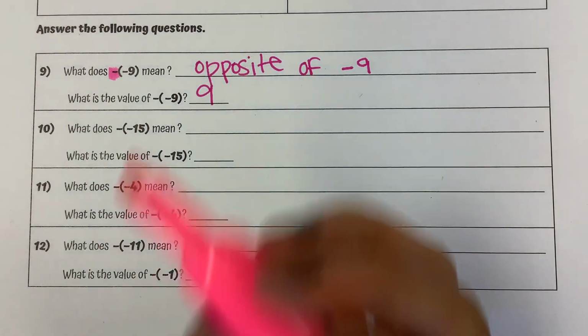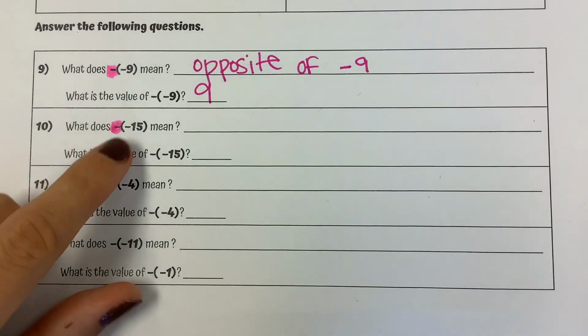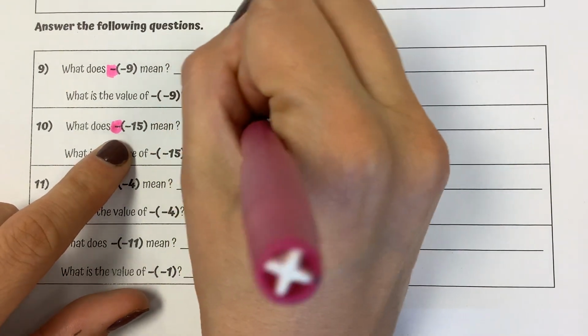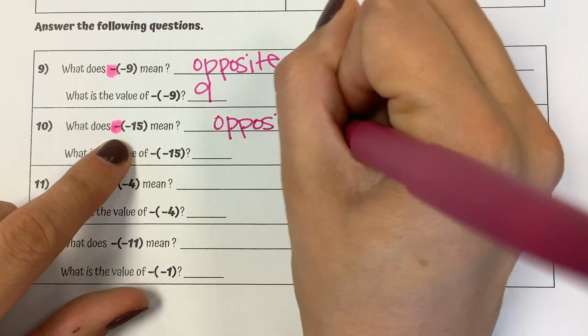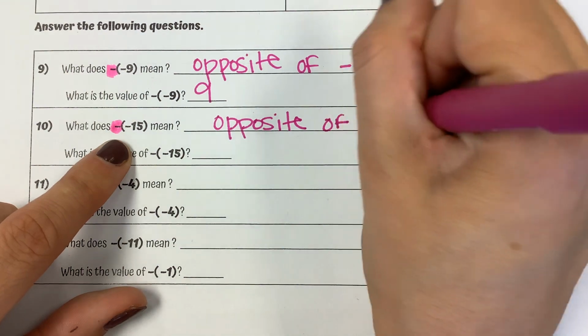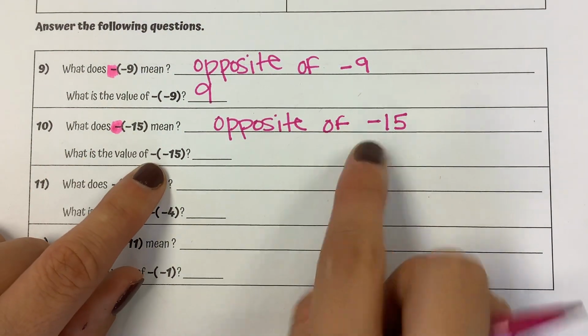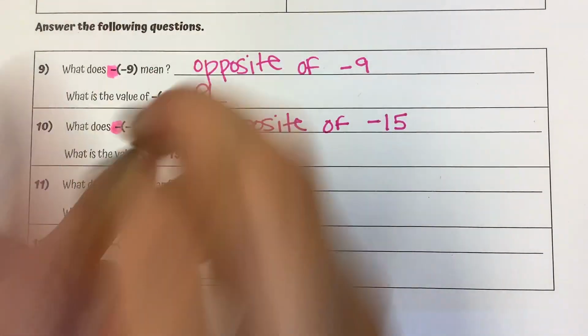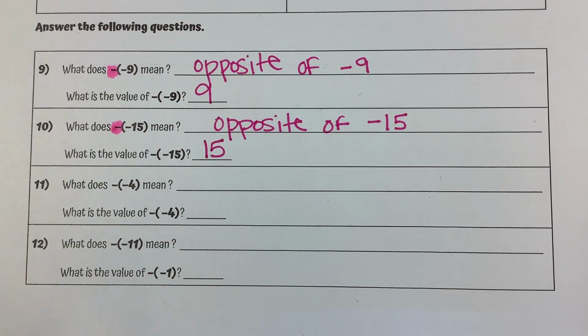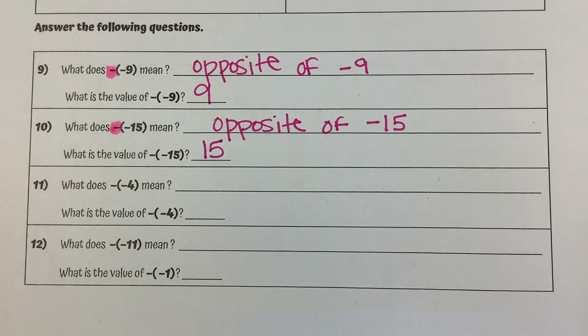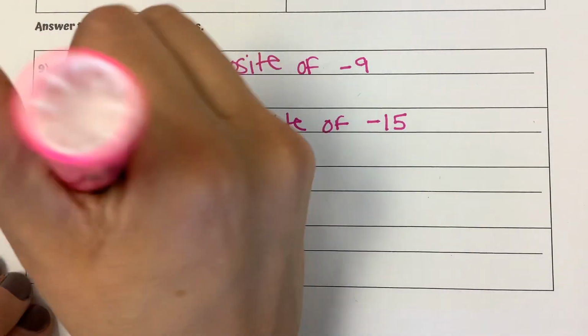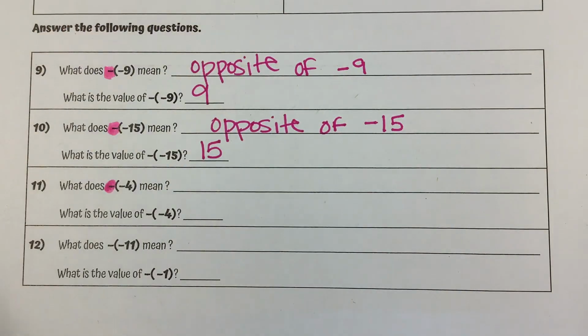So here, again, we have this negative on the outside. That means the opposite of negative 15. Well, what is the opposite of negative 15? Positive 15. Here, it's got the negative on the outside again.